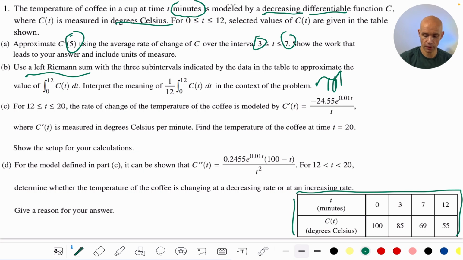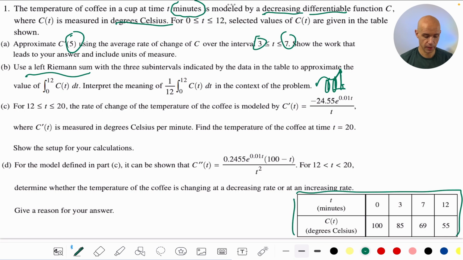So when it's left, you take the bottom height, instead of the tallest one. That will be the right sum. And the trapezoidal rule takes into account the trapezoid. In the limit of very small rectangles, you get the same results. But anyway, left Riemann sum, and we will do that here. We will do it by hand, not even with a calculator. You can use even Desmos to solve this.